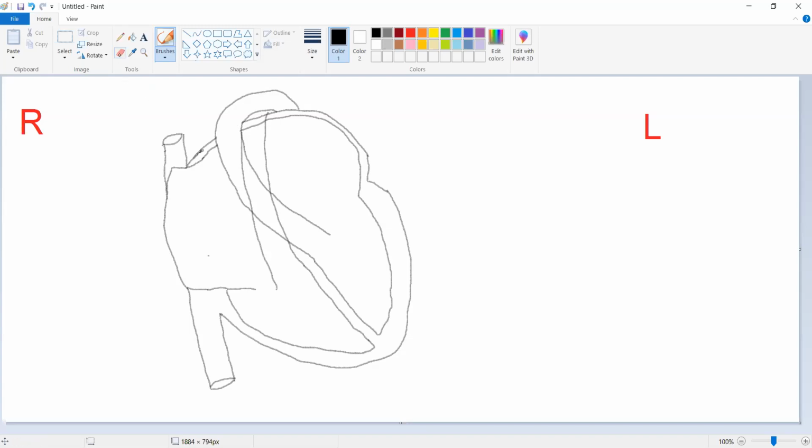Next, we want to erase the line of aorta, which is beneath the pulmonary vein. Sorry, the pulmonary artery.